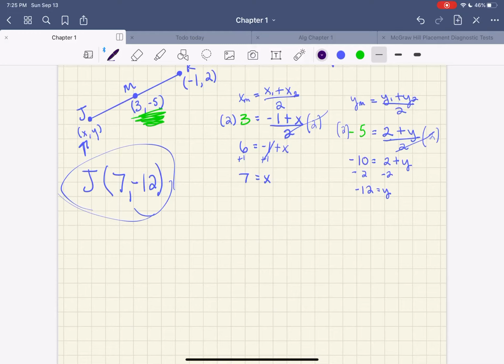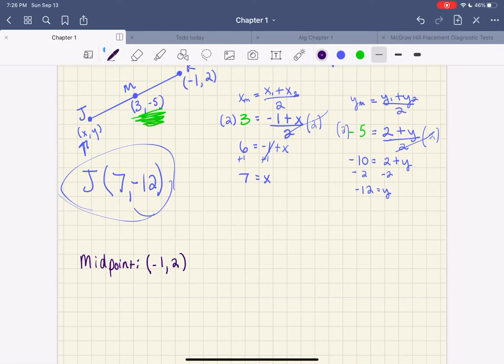So here we go. I'm going to just tell you that your midpoint for this problem is going to be -1, 2. Now, I know that that was just your endpoint. That's why I'm being very straightforward about this.